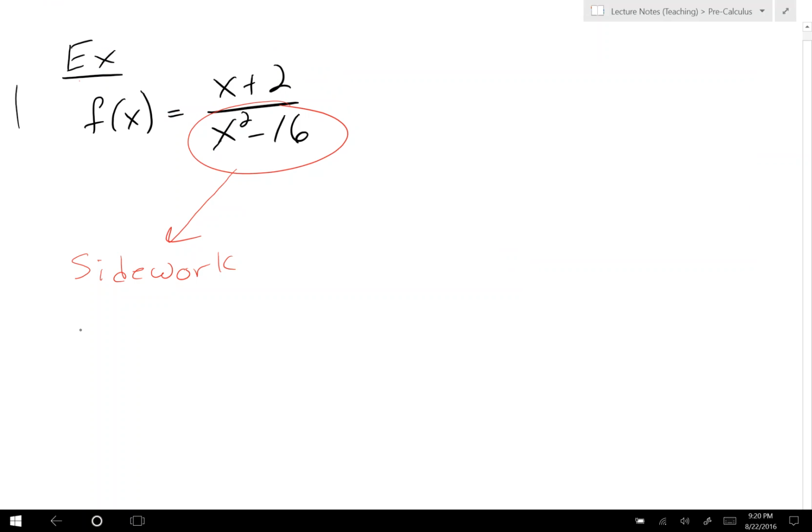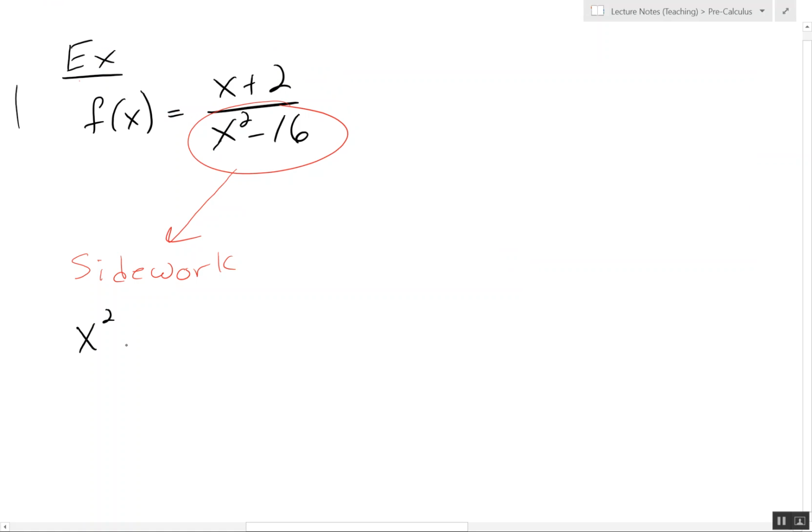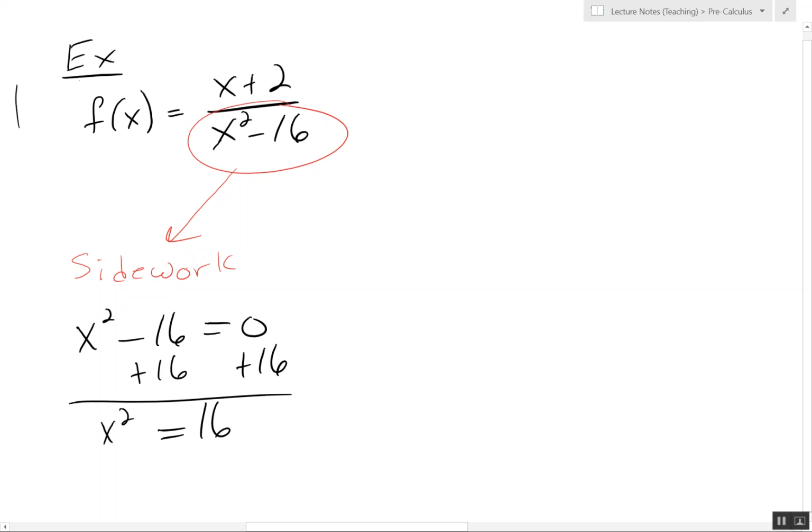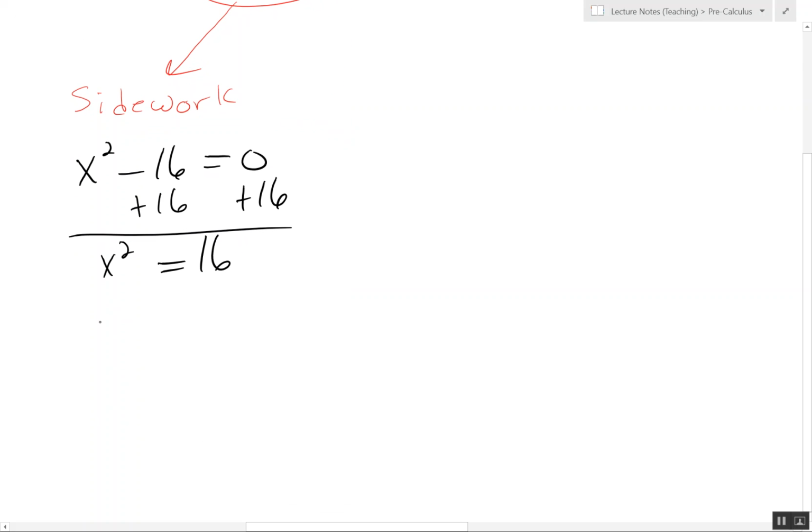We get that x squared minus 16 equals 0. We add 16 to both sides, and we get that x squared is equal to 16. Then using the square root property, we get that x is equal to plus or minus 4.